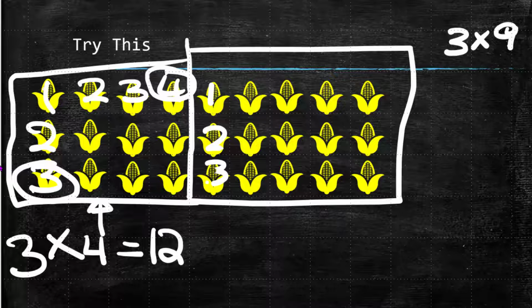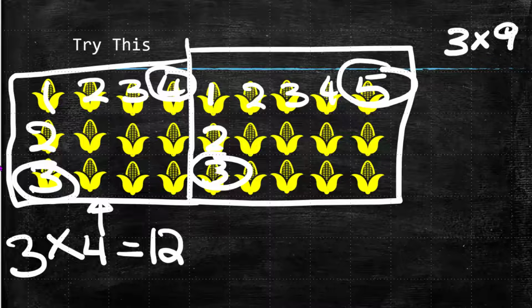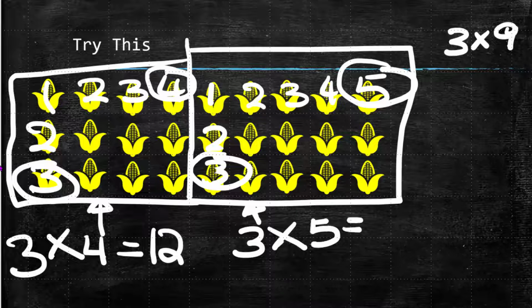So we still have 3 rows, but now we have 1, 2, 3, 4, 5, a total of 5 in each row. My factors are 3 and 5. So in this part of the array, my multiplication number sentence is 3 times 5. 3 times 5 is equal to 15.